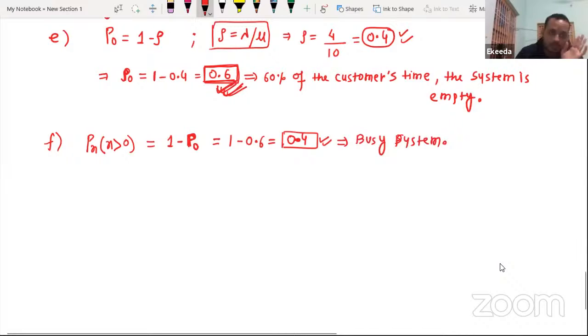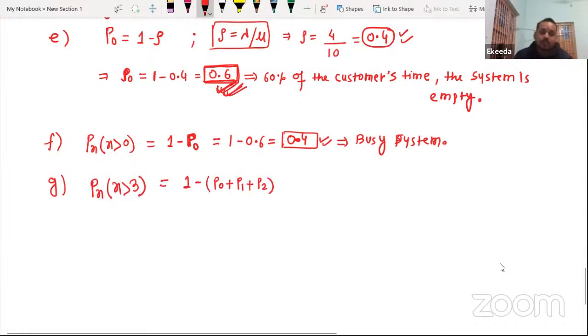And in the last part they are asking for the probability of more than 3 calls or 3 customers in the system. So calculate Pn where n is greater than 3. We will do 1 minus (P naught plus P1 plus P2).